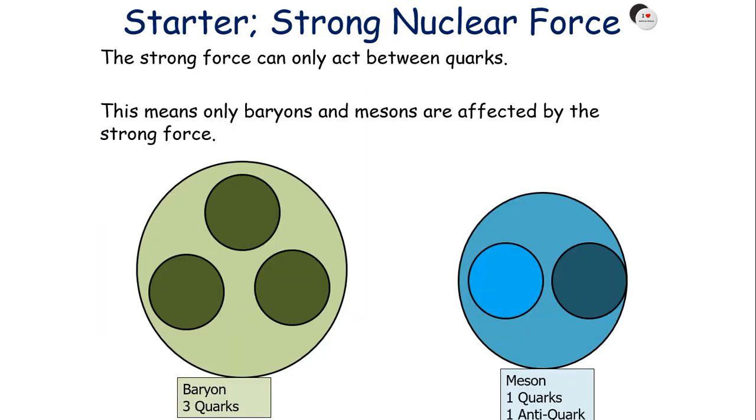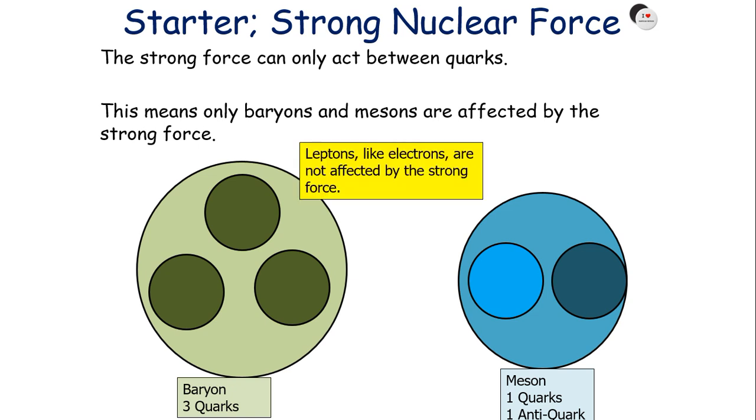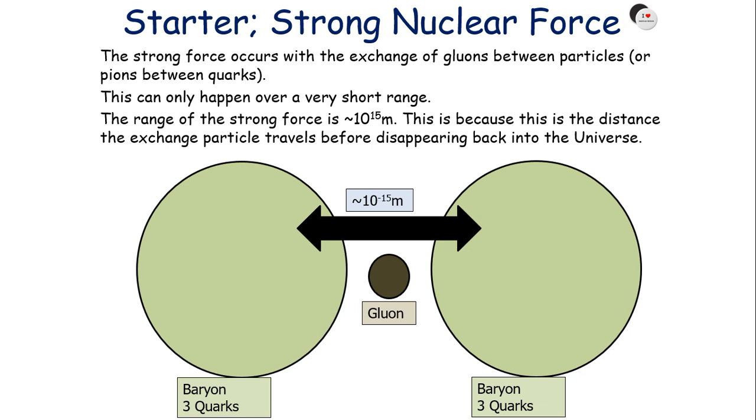Now, the strong force can only act between quarks. So particles called hadrons, which simplify into baryons, 3 quarks, or mesons, 1 quark and 1 antiquark, are affected by the strong force. Leptons, like electrons, are not made from quarks, so are not affected by the strong force. The strong force occurs with the exchange of gluons between the particles.